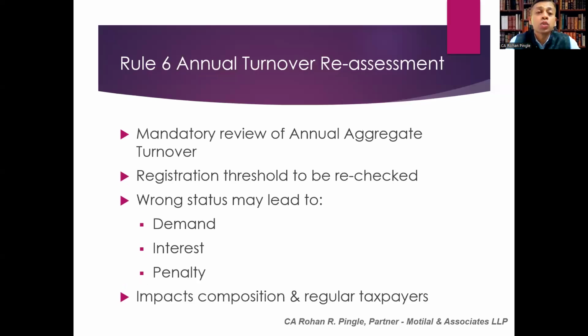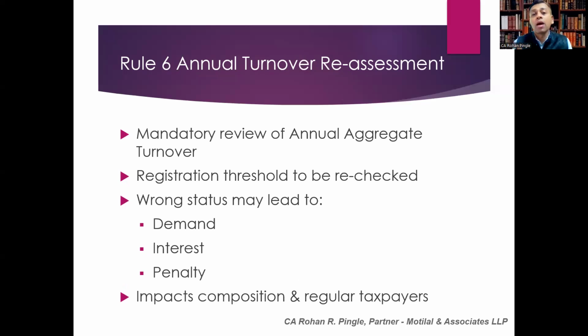Going further, now we come to Rule 6, that is annual turnover reassessment. Every financial year, the taxpayer must reevaluate whether registration is required or whether composition eligibility continues. So incorrect assumptions can now lead to what?